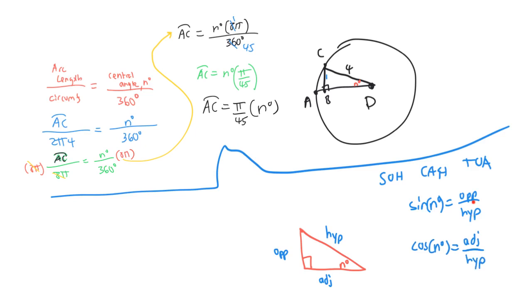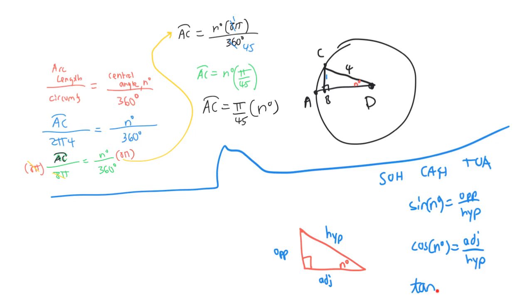Just know that these are useful ratios, useful relationships between an angle and the side lengths of a triangle, and when you take trig it's going to become more obvious how they're useful.